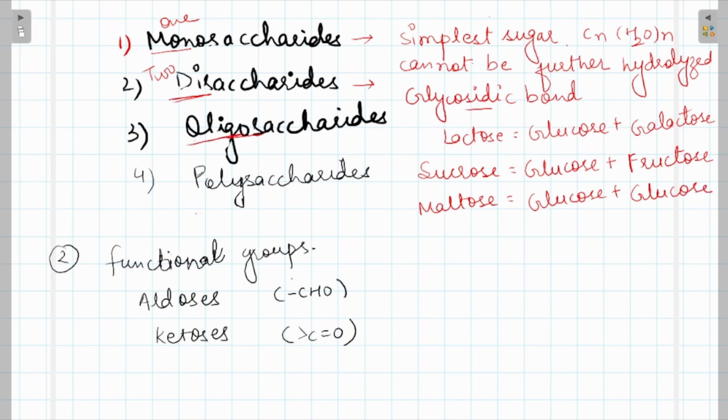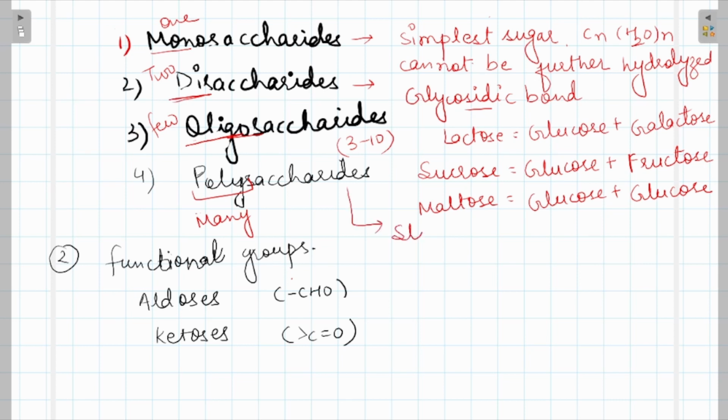Now oligosaccharide. Oligo means few. So it contains few sugar units. 3 to 10 sugar units अगर present हैं तो then we call it oligosaccharides. Now polysaccharide, poly means many. So in polysaccharide, more than 10 sugar units अगर present हैं, maybe it contains many or 1000 sugar units, then it is called polysaccharide.